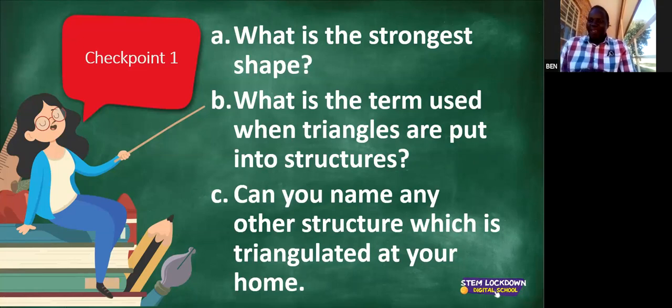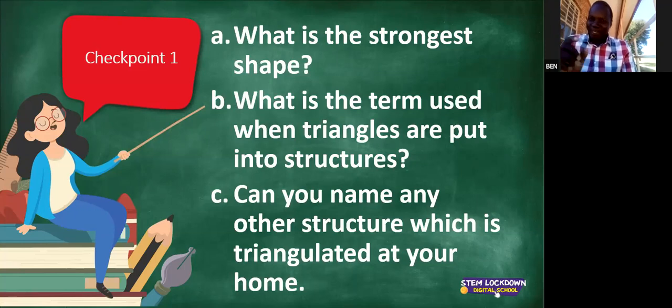Now, number C, can you name any other structure which is triangulated at your home? When you look at your home, there are some structures you will see that have triangles. Those triangles are not there for decoration. They are only there to make the structure strong. That's why you see the triangles.